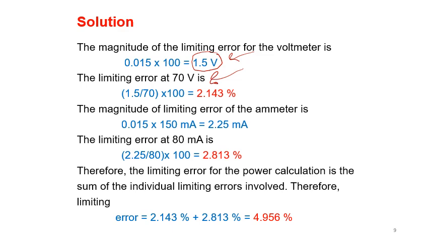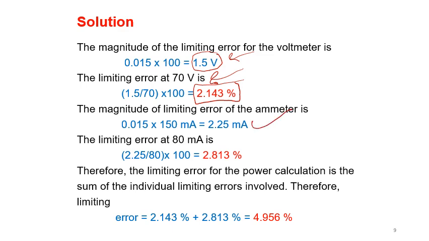You calculate it as 1.5 over 70 into 100. So the percentage of error will be 2.143%. Why is it not 1.5? Because it's 1.5 when we are measuring 100, but when we are measuring 70, it's 2.143%.